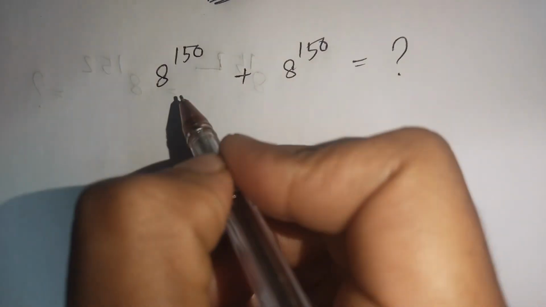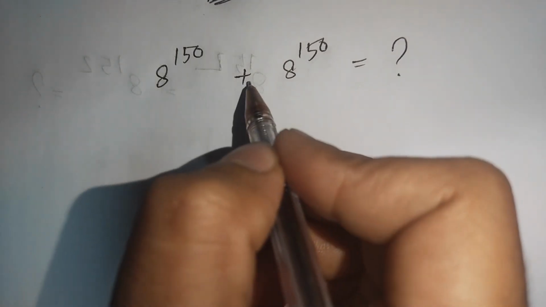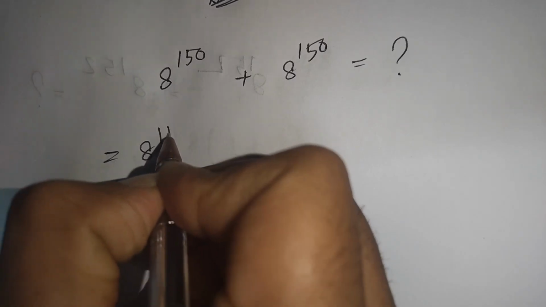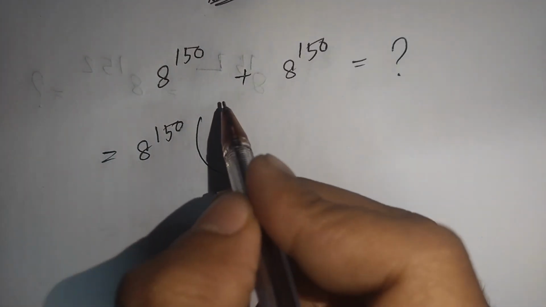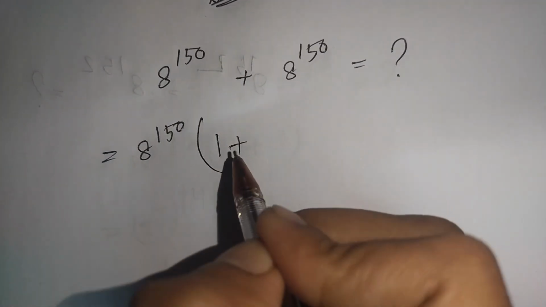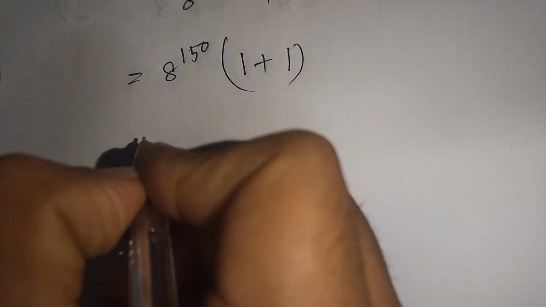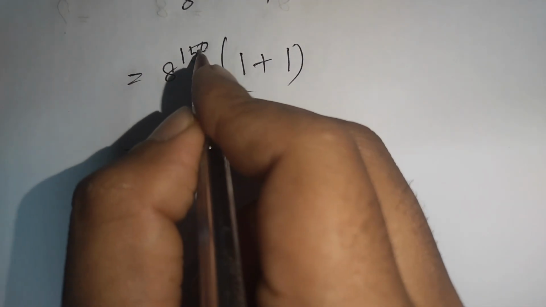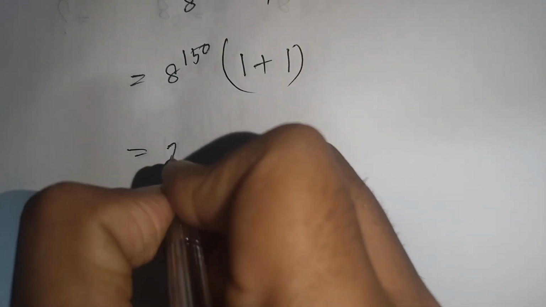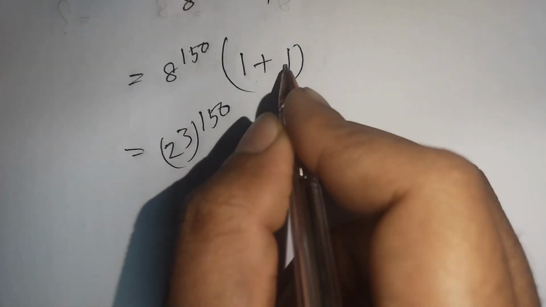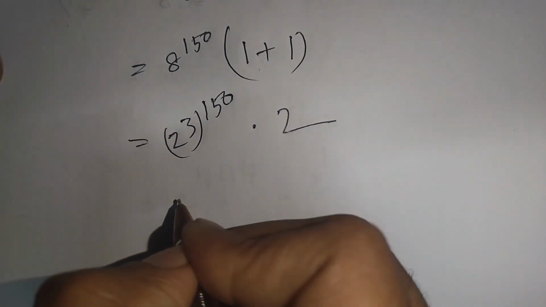How to solve 2 to the power 450 plus 2 to the power 450 is equal to what? At first we take common 2 to the power 450. First bracket start, this divided by this, that means 1, plus this divided by this, that means 1. Now 1 plus 1, that means 2.